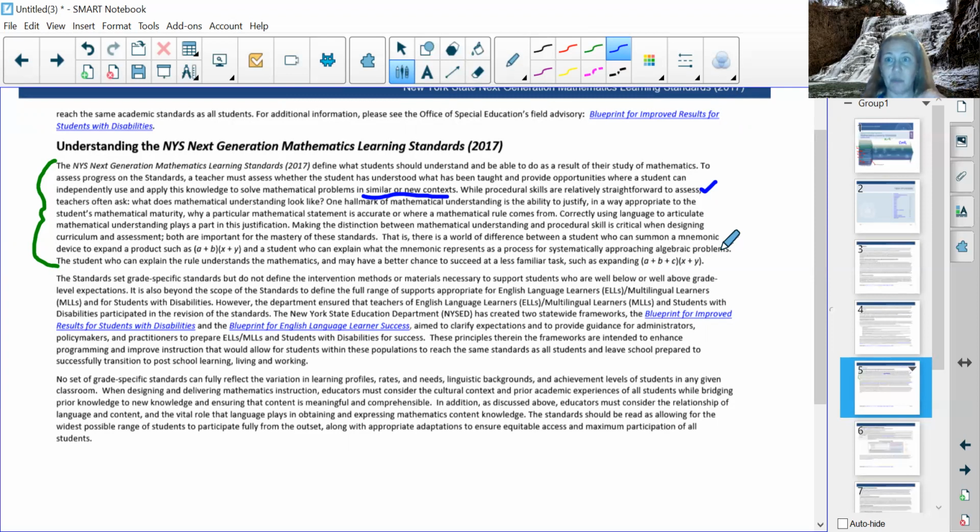You give them a bunch of problems and you see if they get correct answers. That's how we assess procedural skill, easy as can be. Trying to assess conceptual understanding, sometimes that's not really a quantifiable thing. Procedural learning is very easy to quantify. Conceptual understanding, a lot harder to pin down.